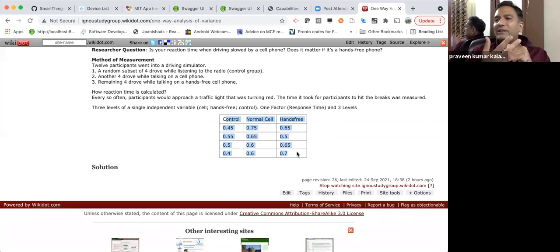So response time is what I measure to check the driving efficiency. And I take three groups: one using a cell phone, the other not using a cell phone at all, the other using hands-free. Then I calculate the response times. Based on these response times, using the ANOVA technique, I'll measure how different the response times are, and then make a prediction whether the cell phone really affects the driving or doesn't.